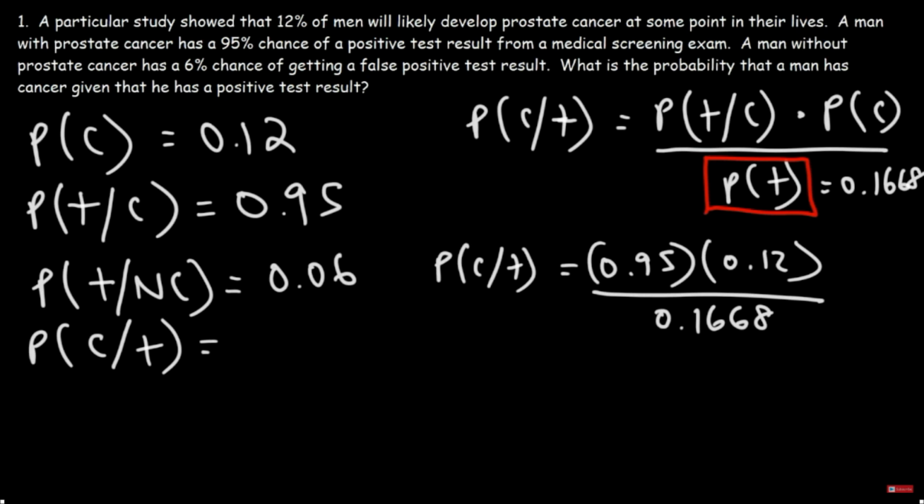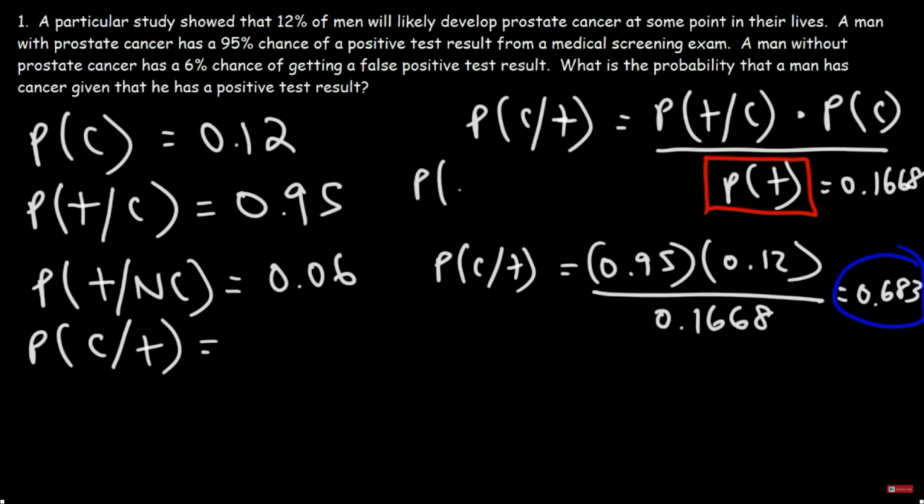So it's 0.95 times 0.12 divided by 0.1668. And so you should get 0.68345. So there's approximately a 68.3% chance that the person will have cancer given that they have a positive test result.